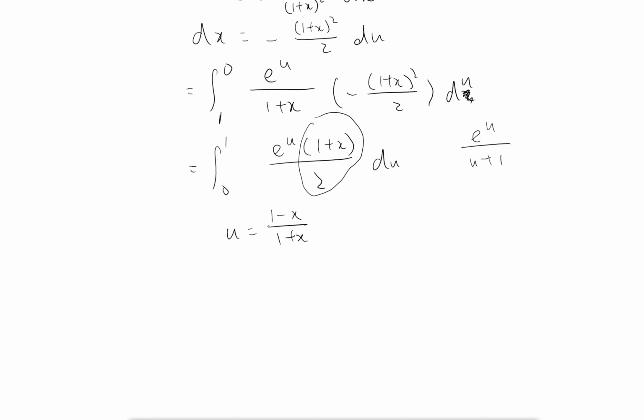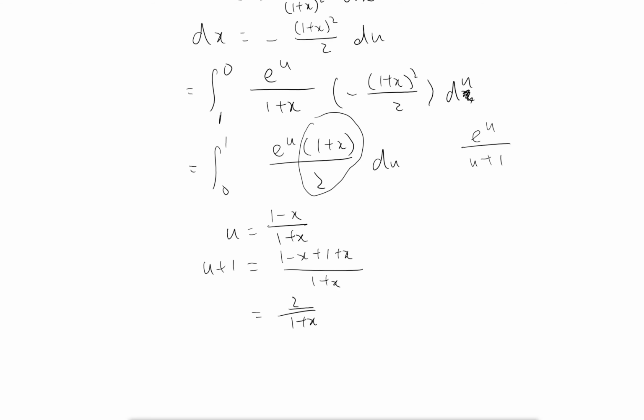That's what we want. So why don't we check what u plus 1 is? u plus 1 would be (1 minus x) over (1 plus x) plus (1 plus x) over (1 plus x). Yeah, we're happy with that. So 1 plus 1 is 2, which is 2 over 1 plus x.